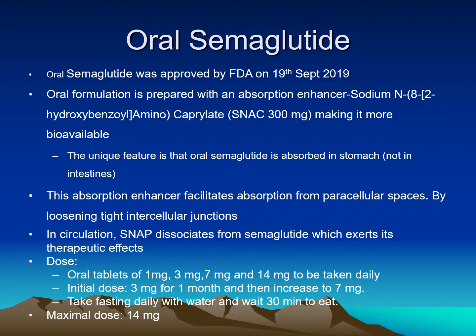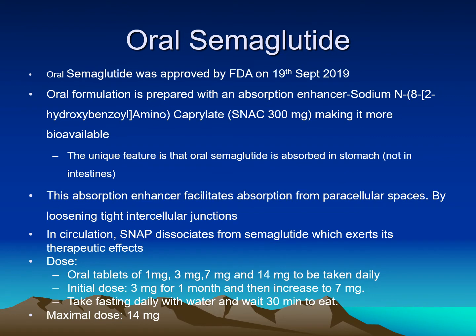The unique position is that oral semaglutide is absorbed from the stomach, like alcohol, and not in the intestine. This absorption enhancer facilitates absorption by the gastric paracellular route, by loosening tight intercellular junctions. In circulation, SNAC dissociates and semaglutide exerts its therapeutic action.